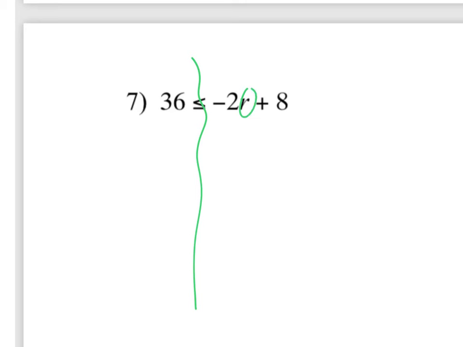I'm going to start on this side. Subtract 8, turns to 0. Negative 2r is less than or equal to 24. No, 28.